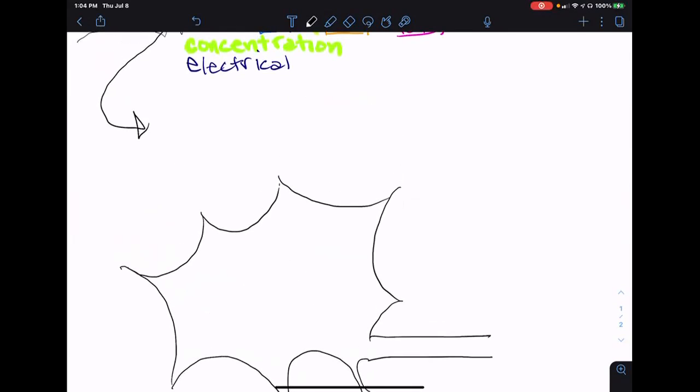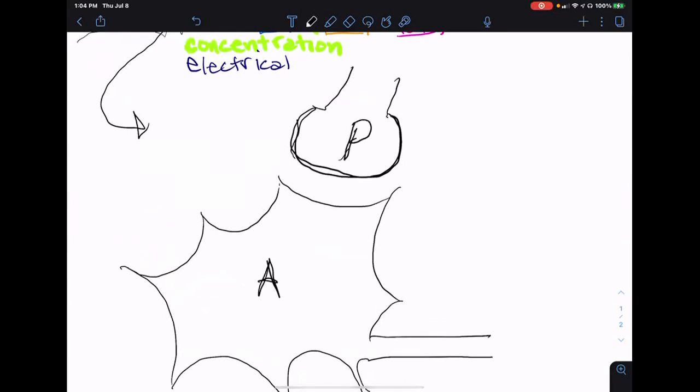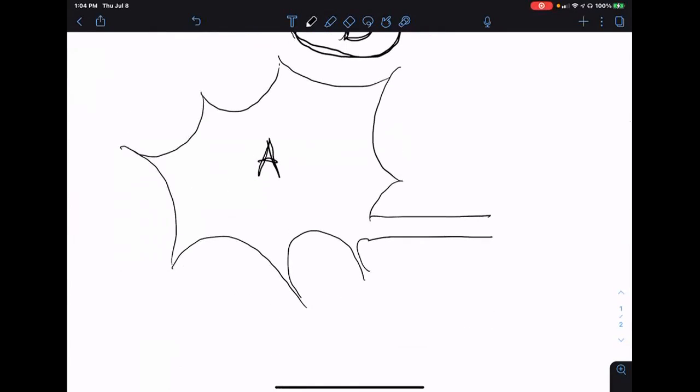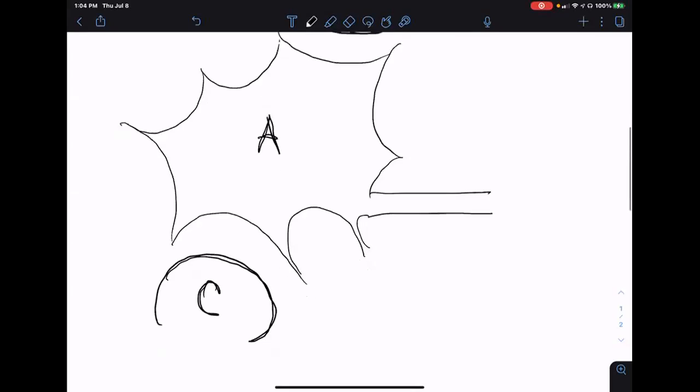So Nancy neuron, we're going to label her neuron A. There's another neuron over here, this one is going to be neuron B. And we're going to have another neuron over here. This is, you guessed it, neuron C.